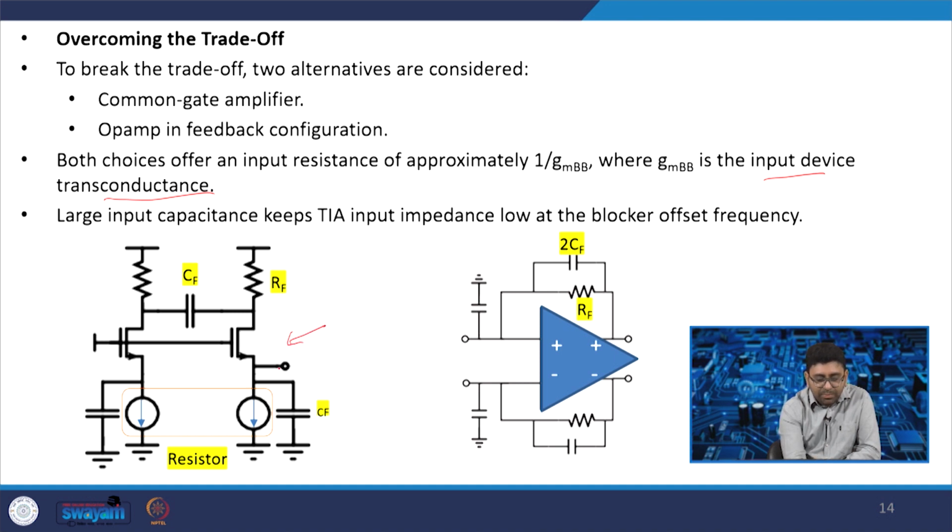We can use a common gate configuration or an op amp in a feedback configuration. In this, the capacitance keeps the TIA input impedance very low at the blocker offset frequency. There are many other configurations you can think of while designing this passive mixer based receiver.